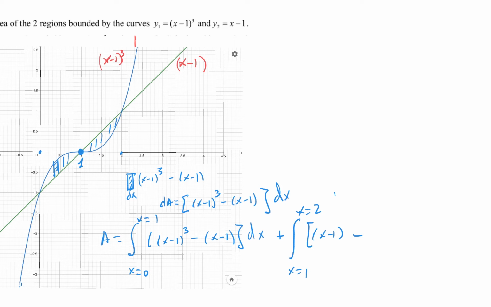The lower is (x − 1)³, dx. So making this integral, you will have the answer. Not difficult to do this integral.